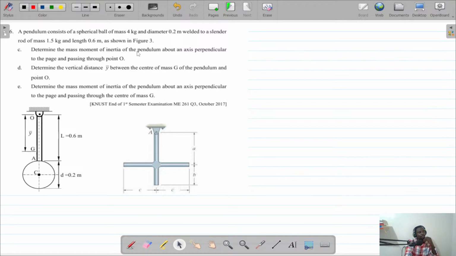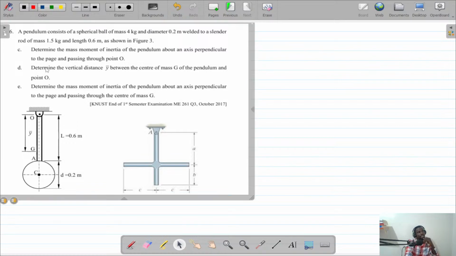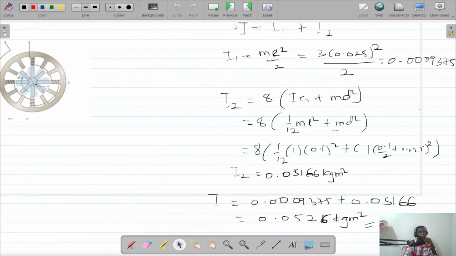Determine the mass moment of inertia of the pendulum about an axis perpendicular to the page and passing through O. So you're looking for it at this point, and then 5.9. Is it this one?